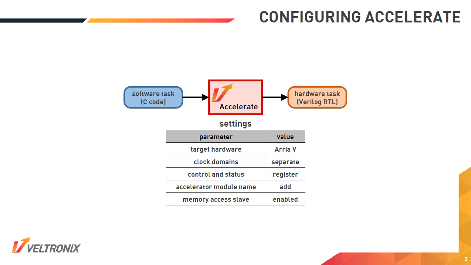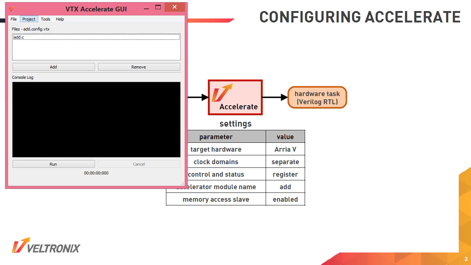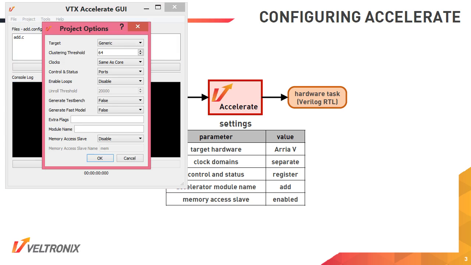Configuration is done by bringing up project options under the project menu. I'm leaving the Generate Test Bench and Generate Fast Model options off.